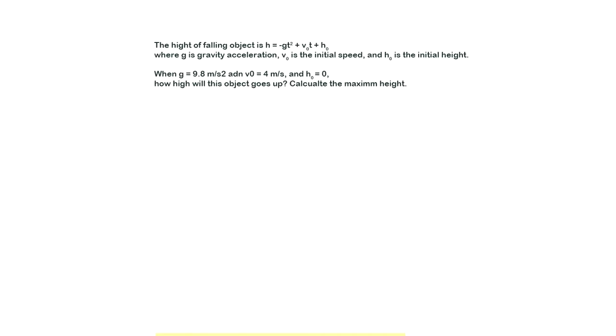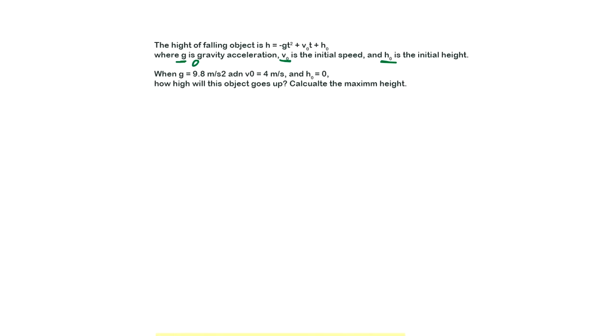The height of a falling object is h equals negative gt squared plus v0t plus h0, where g is gravity acceleration, which is about 9.8 meters per second squared. v0 is the initial speed, the speed when you start measuring the height. h0 is the initial height.